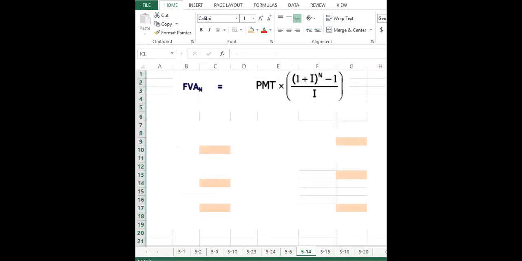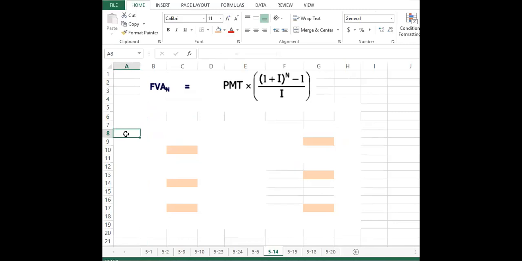So in part A, future value of annuity is equal to payment. We had 400 in payment, multiplied by the factor.